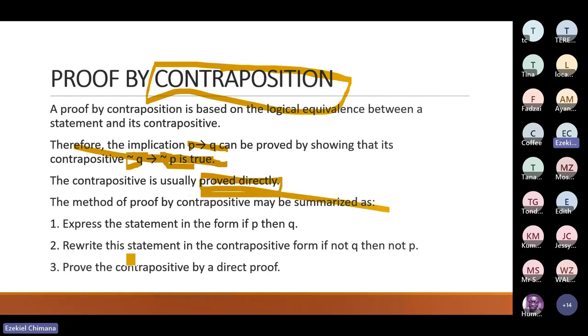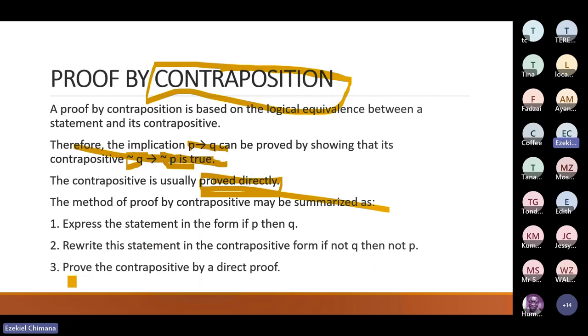So on contrapositive, what you need to do there is to follow these steps, but on solving it, you use the direct method. So contraposition, contrapositive, it's just the same as the direct method, but there are some things that you have to first do.